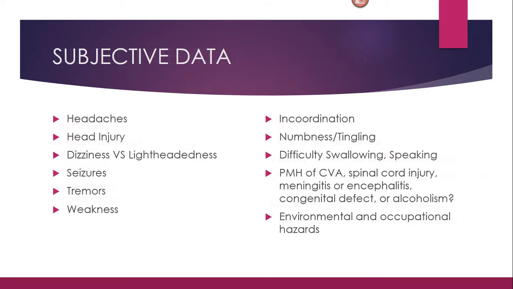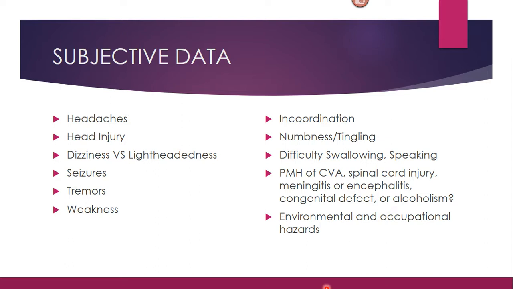So when we are doing our HPI on somebody who has a neurologic issue, you're still going to use the mnemonics that you've been doing. But in the neuro complaint, to be more precise, you want to ask more specific questions.